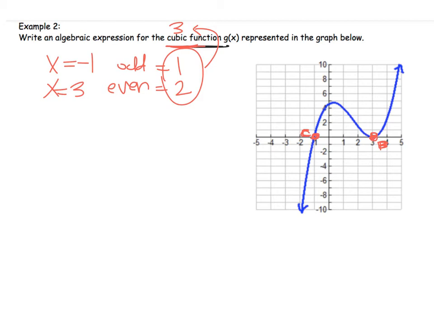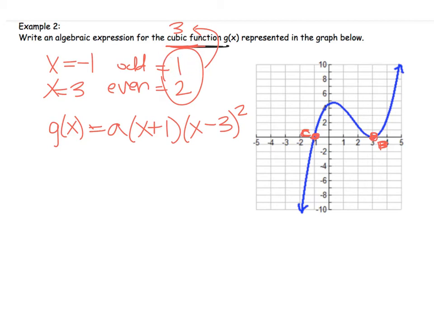So my equation is in the form g of x equals some a value times x plus 1 to the first power times x minus 3 to the second power. And I'm choosing that x minus 3 to the second power because I have a multiplicity of 2, and the x plus 1 is just to the first power because it has a multiplicity of 1.